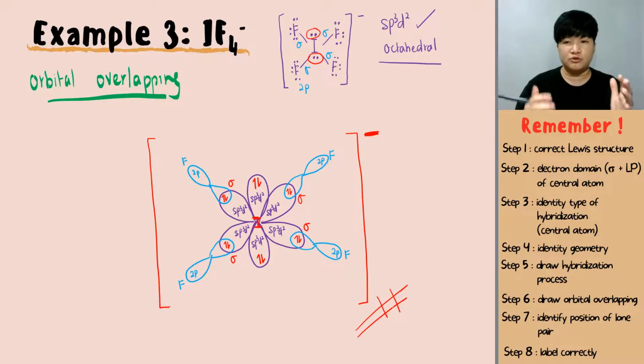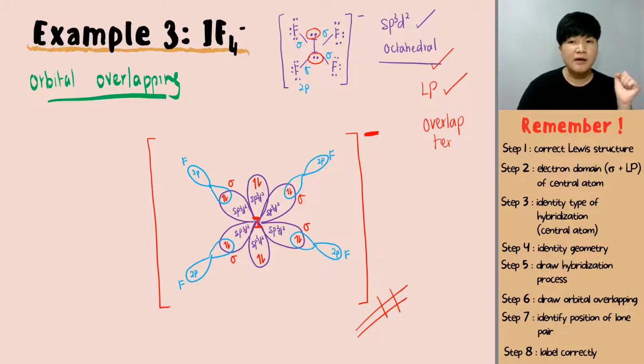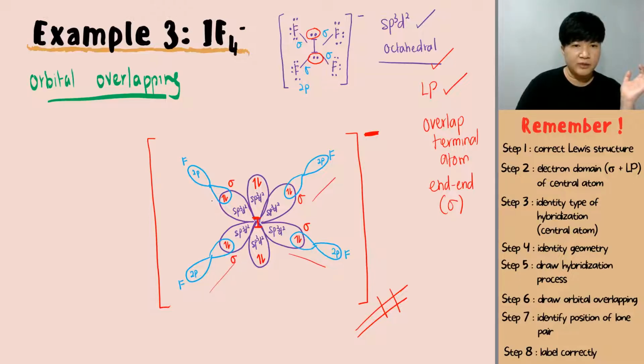Make sure you draw the geometry correctly of your central atom. Position your lone pair correctly. Then only you draw the overlap with the terminal atom. So when you draw the overlap with the terminal atom, what you make sure is it's an end-to-end overlapping for the formation of a sigma bond. So make sure it's all a straight line. So make sure everything over here is a straight line.